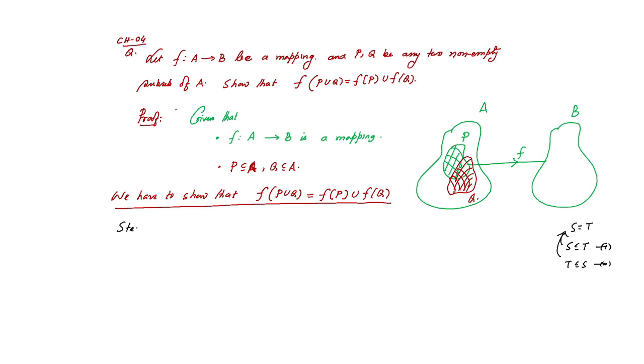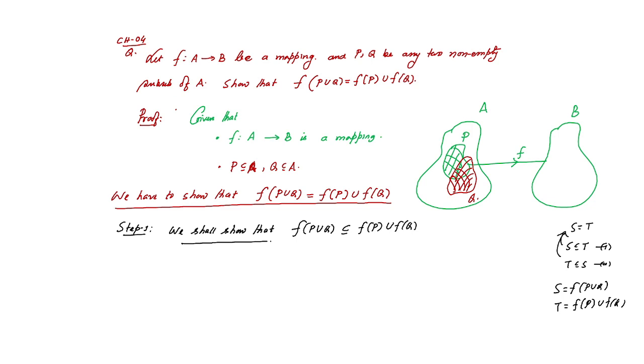So first, step 1, we shall show that f(P union Q), which you consider as S, so here S is the image of P union Q and T is the image of P union the image of Q, is a subset of f(P) union f(Q).